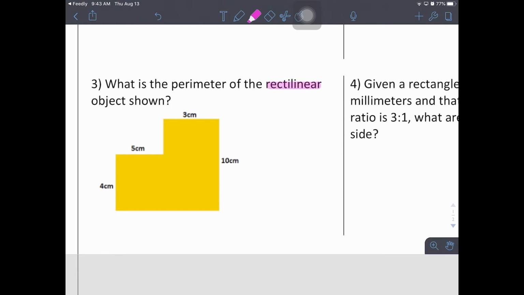Okay. So that means all these angles here are at 90-degree angles. What that allows us to do is then we could split this up into rectangles to figure out our missing side lengths. So obviously when we take a look at this picture, we don't know every side length.